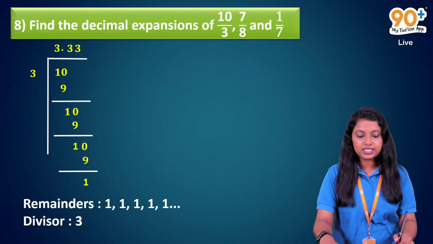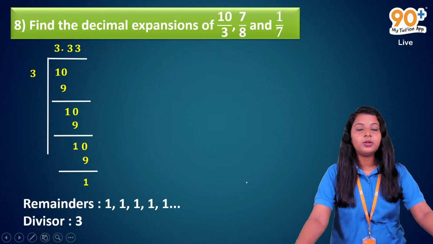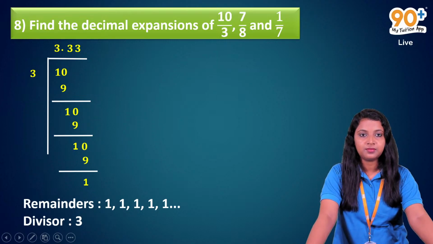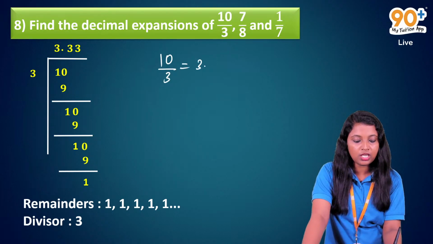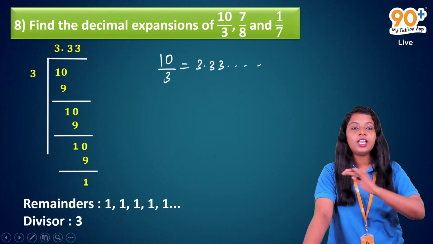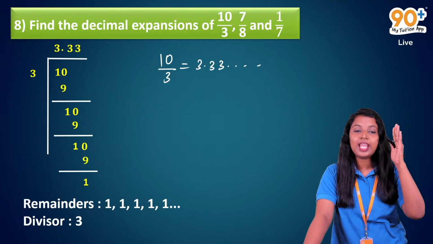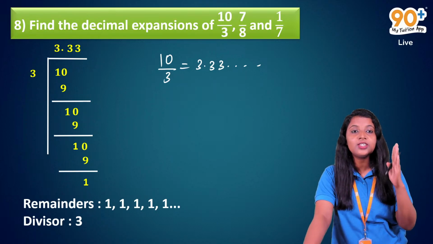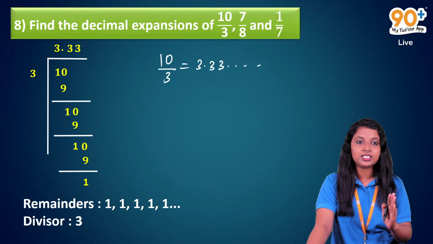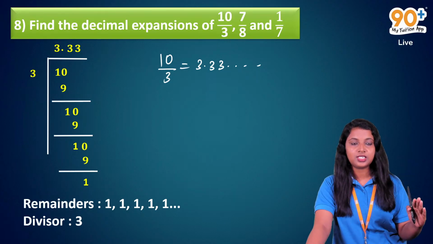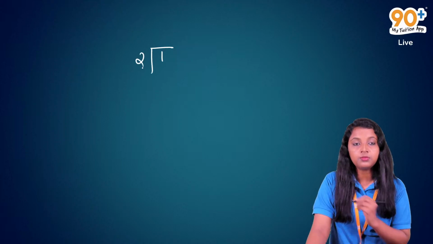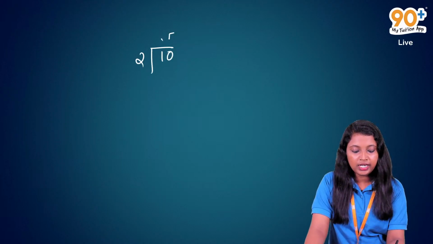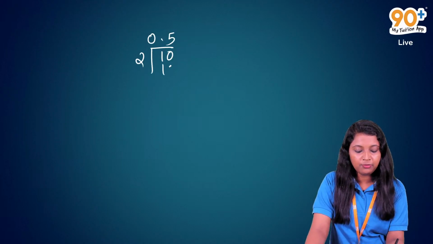Now, this is not ending. It goes on and on, right? 10 by 3 is equal to 3.3333. It goes on and on. If it is not ending, we can say that it is non-terminating. If it is ending at a point, for example, suppose we have 1 by 2. What is this 1 by 2? It is actually 0.5.